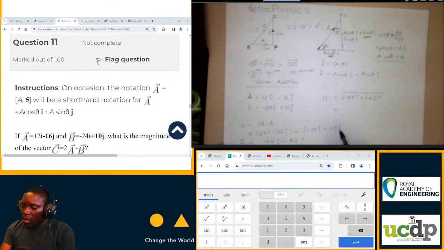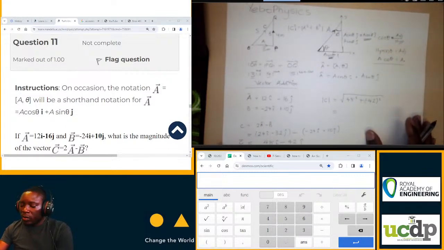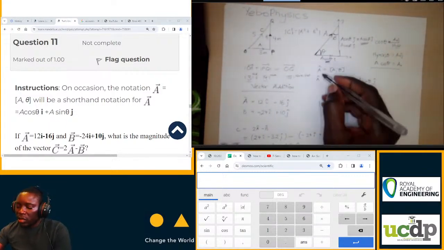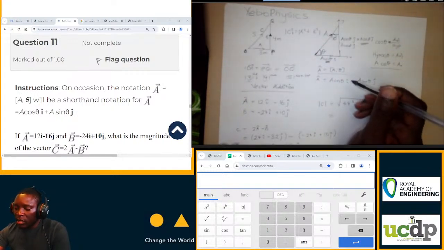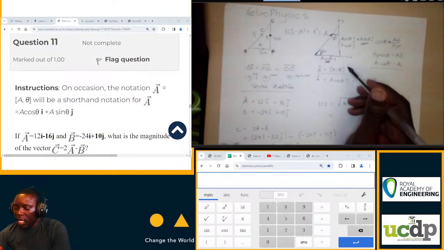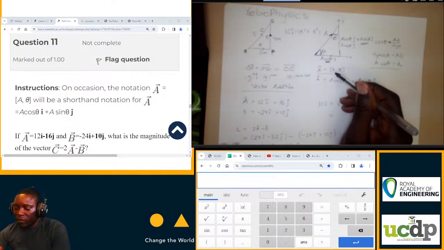So I also went on to explain the notation that we now are given a vector A and it is presented as A theta in square brackets. Then this A theta means the magnitude of the vector A is basically A. In this case, you see the notation there. A is not in bold.